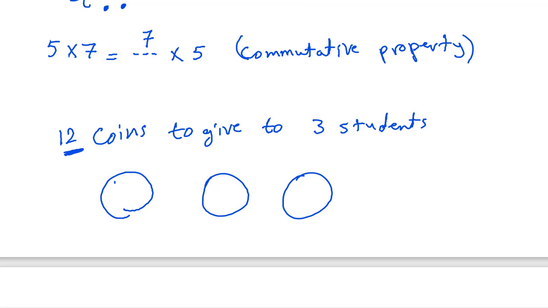So the first will take 1, the second take 1, so these are 2, 3, 4, 5, 6, 7, 8, 9, 10, 11, 12. So each one of them will take, sorry, this is 4.